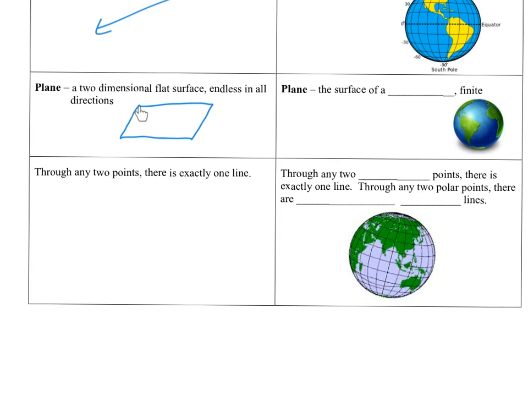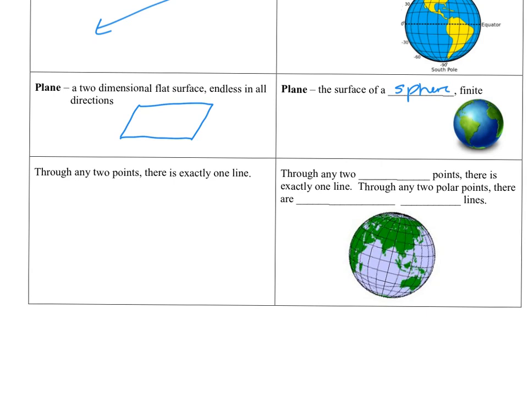It's just impossible to draw that, so we draw planes as parallelograms. In spherical geometry, on the other hand, a plane is the surface of a sphere, okay? So it is not infinite like a plane in Euclidean geometry. A plane in spherical geometry is just the surface of the sphere, so it is finite.